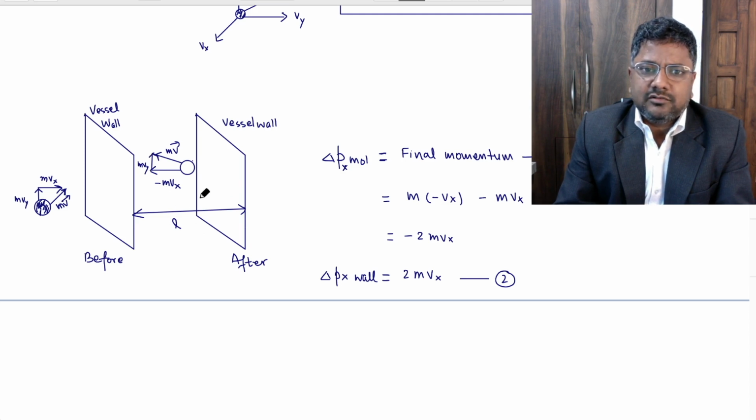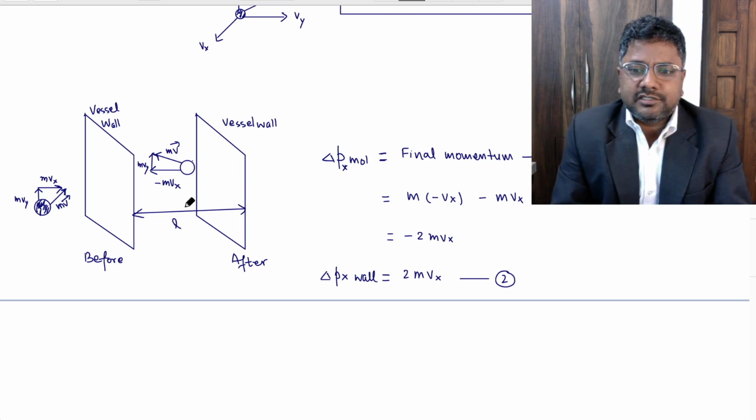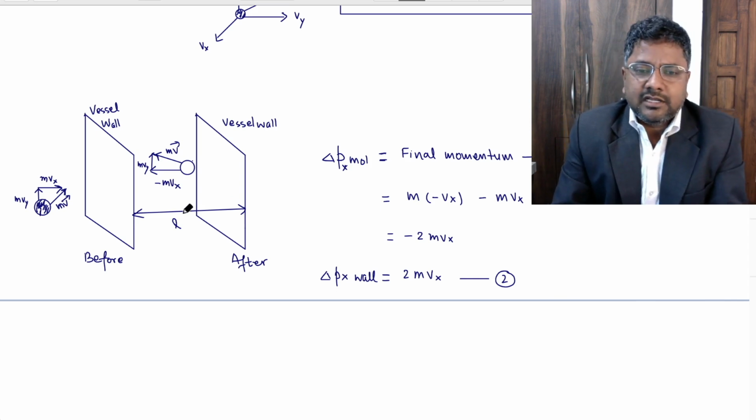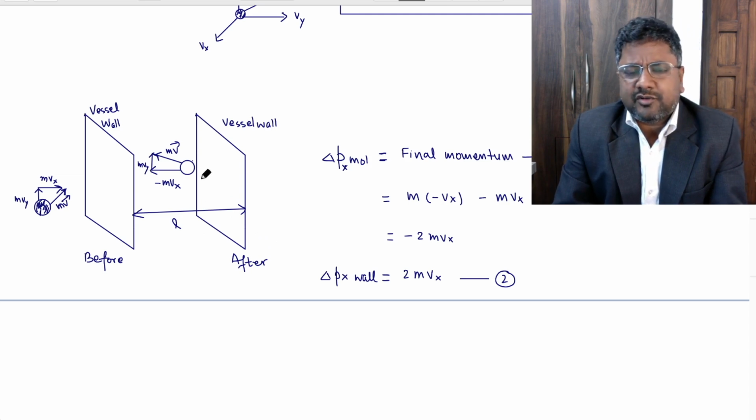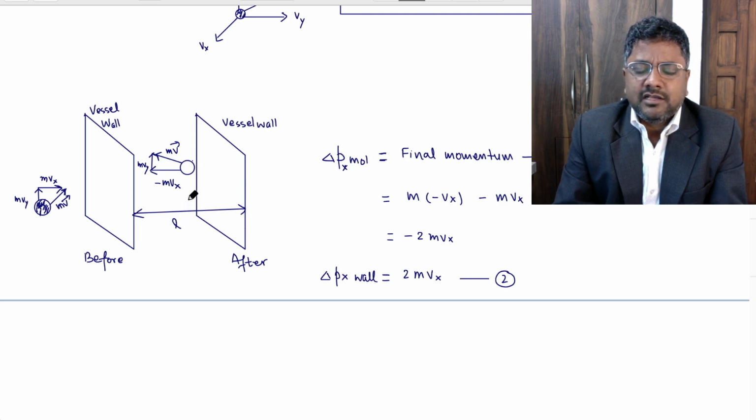But I am not bothered about the other collisions, because I am considering only the X component here. It might be possible that this molecule collides with the top of the container or the side walls, but that will hardly matter, because the X component is affected only when it collides with this wall.